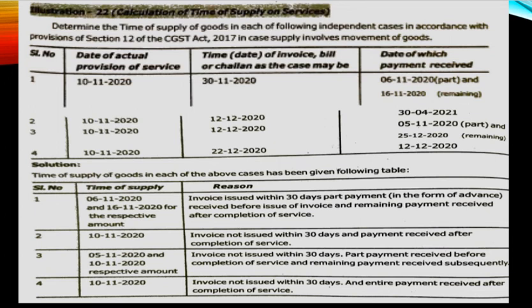The date of actual provision of service is 10th November 2020, and the date on which payment is received is 12th December 2020. Among these, the earlier date is 10th November 2020. So the time of supply will be 10th November 2020. The reason for it is: invoice not issued within 30 days and entire payment received after completion of services.